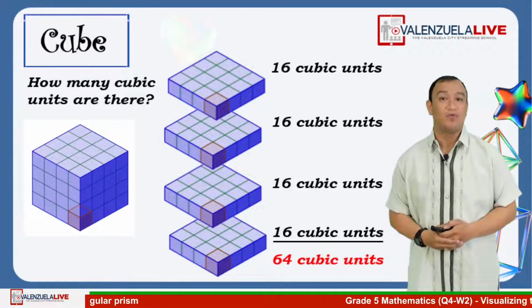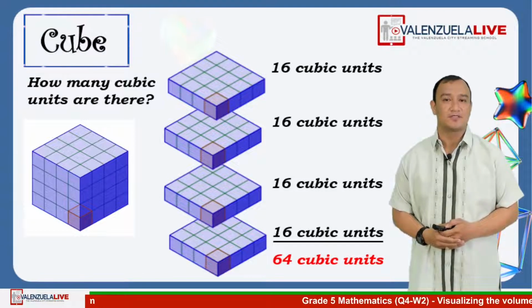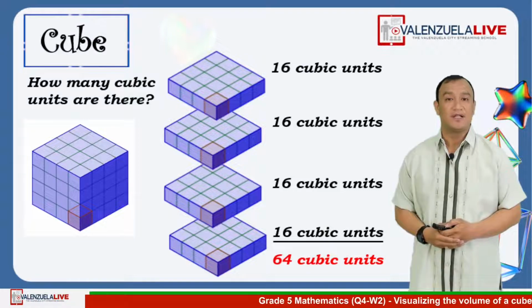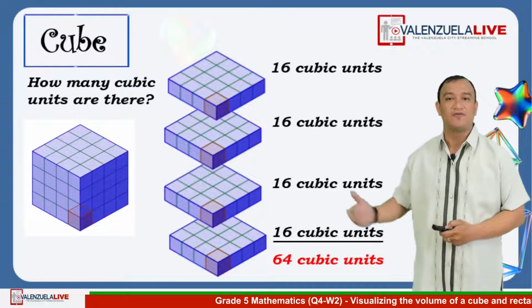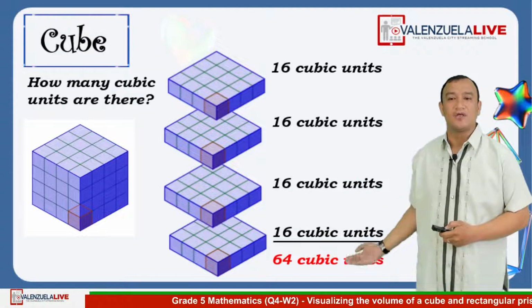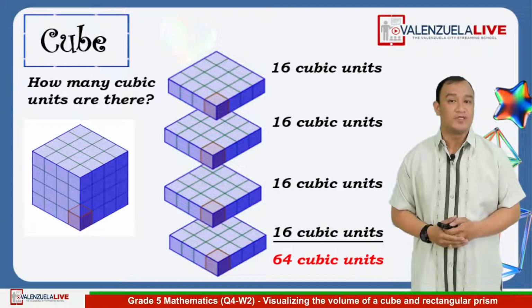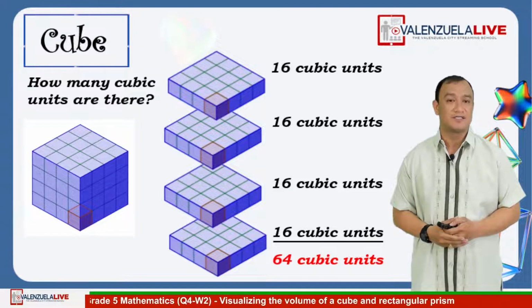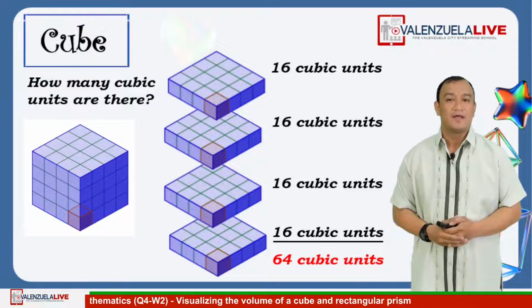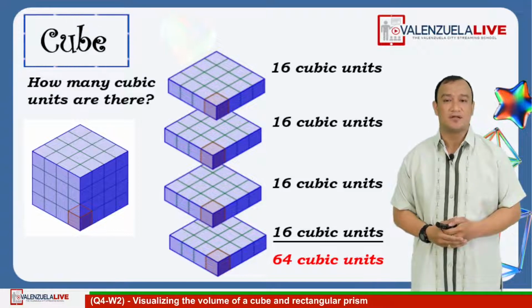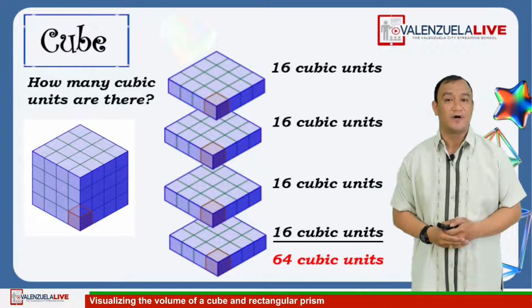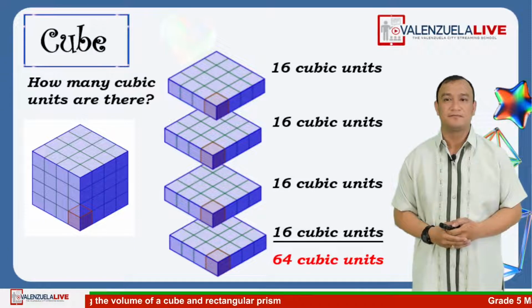Then if we count and add the cubic units all together, we will get a total of 64 cubic units. Or we just multiply the 4 layers by 16 cubic units in each layer, which will result in 64 cubic units.